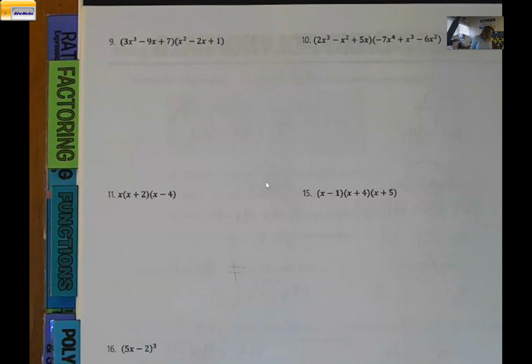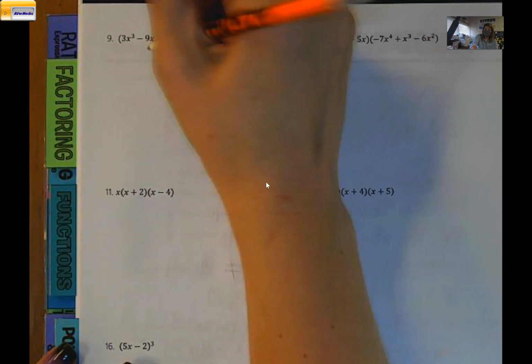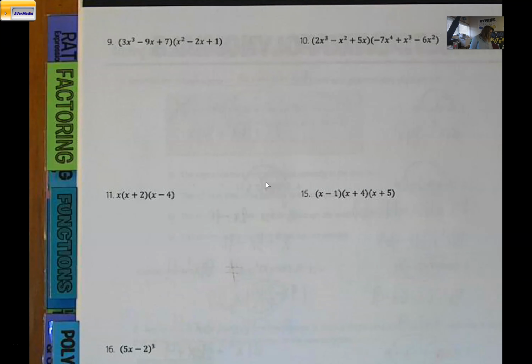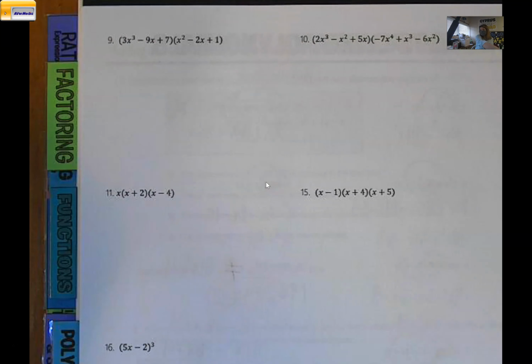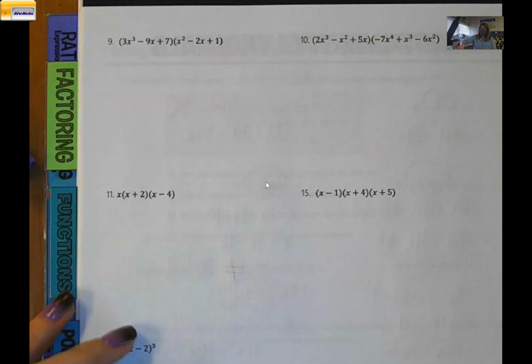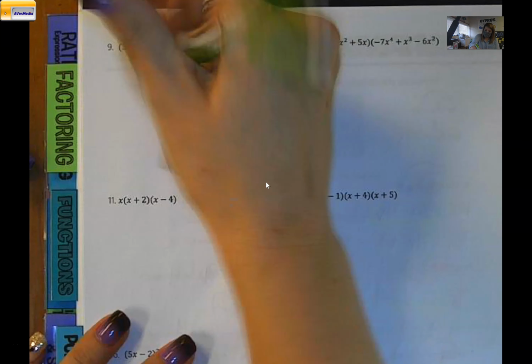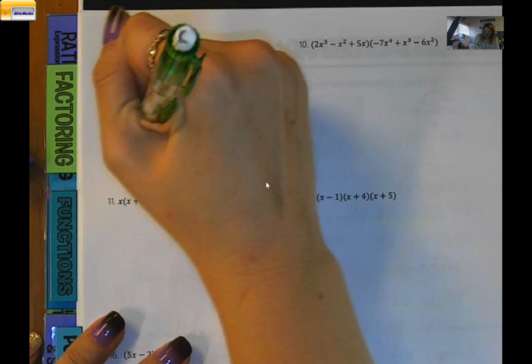Okay, so this time instead of a 3 by 2, and I'm only going to teach you box method on these. I am not going to teach you distributive method on these. So for these ones, I'm doing a 3 by 3, which means 3 rows, 3 columns. So I'm going to draw a fairly big box.